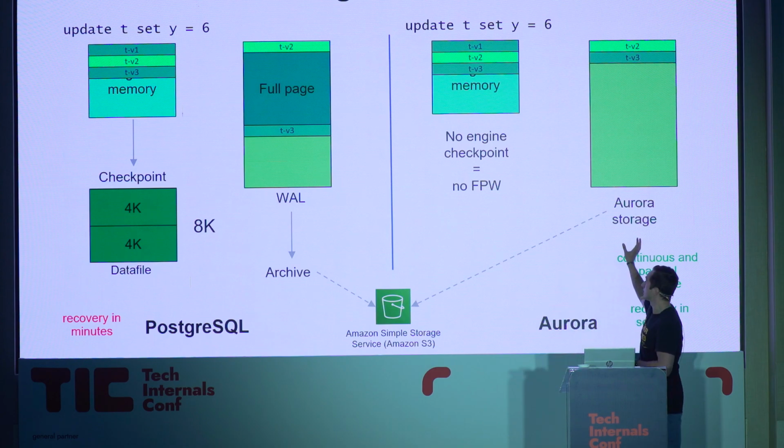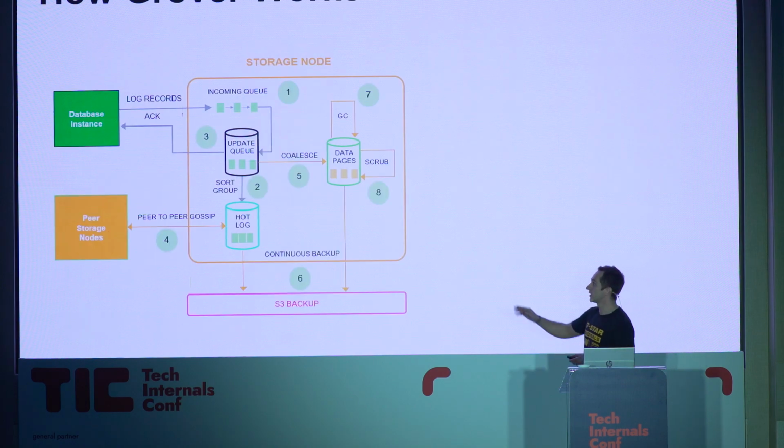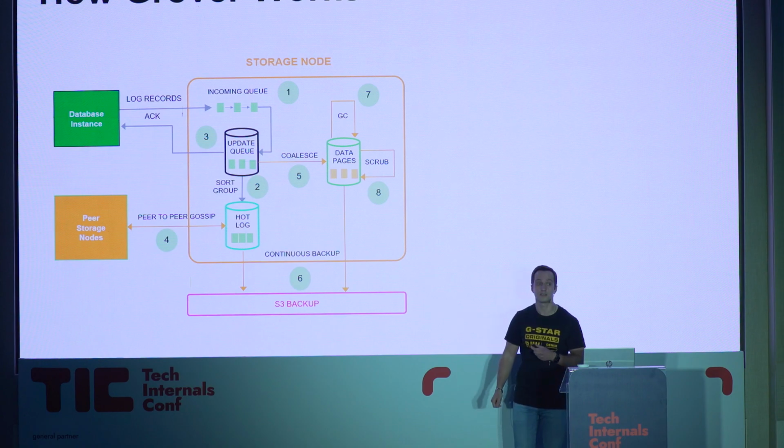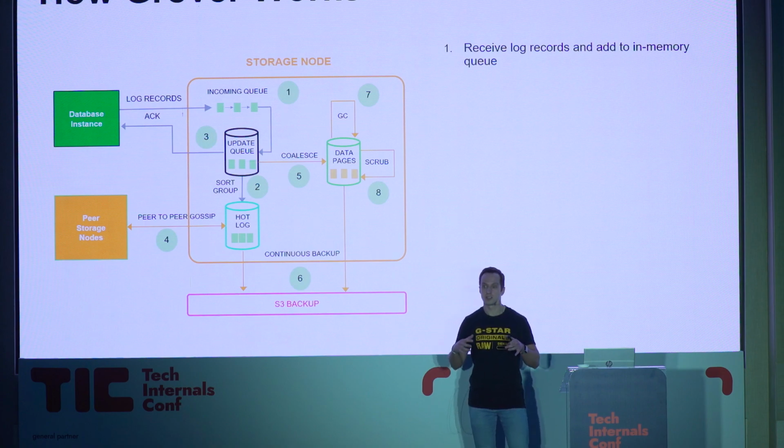Now let's look specifically at this right side in more detail, how exactly it works. We will start with the top left corner, and we have some log records that are coming from our database. As a first step, when we receive them in storage, we put them into an in-memory queue.